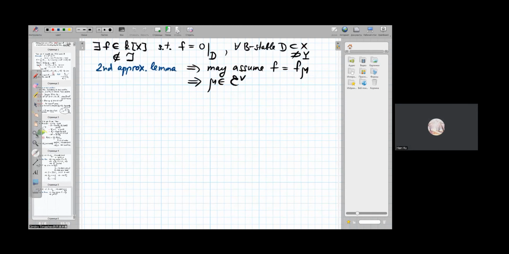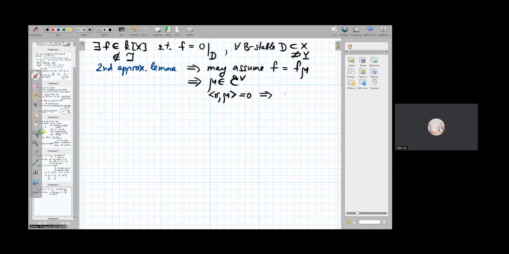And we can say even more. I have just said that the pairing of v with mu is zero, because f does not belong to this ideal.